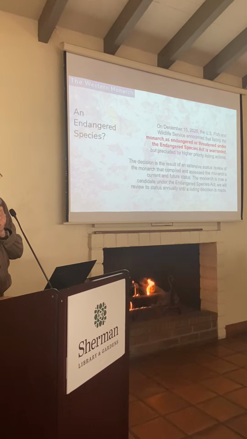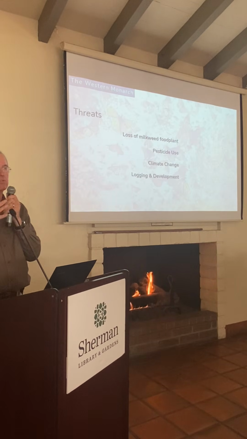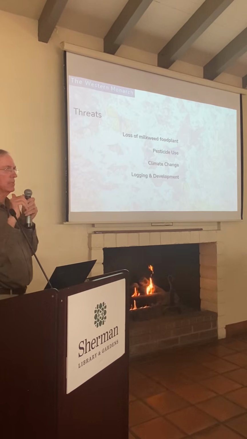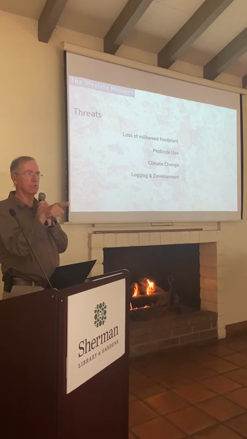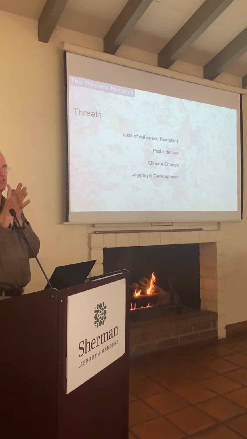Threats. The main threats to monarchs, not just in Orange County, but in the western monarch situation: lack of food plant. You're going to fix that problem. Pesticide use. There's a lot of pesticide being used in agriculture that drifts into wildlands.